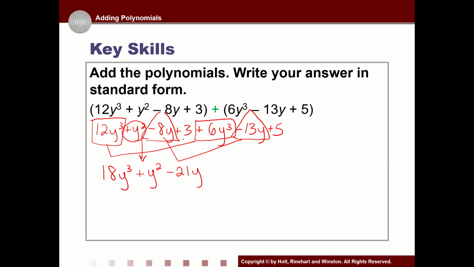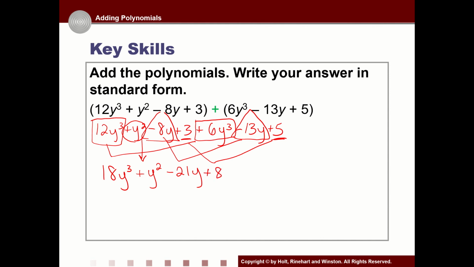And then I have this term without a variable, which is called a constant. Remember that? When it doesn't have a variable, it's just a constant. So I'm looking for any other constants. I have plus 3. And here's another constant, plus 5. So when I combine those, 3 plus 5 gives me positive 8.